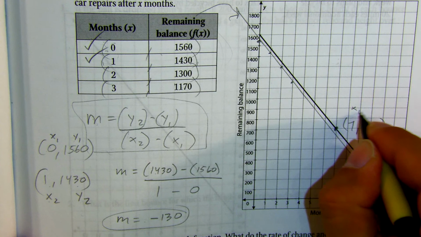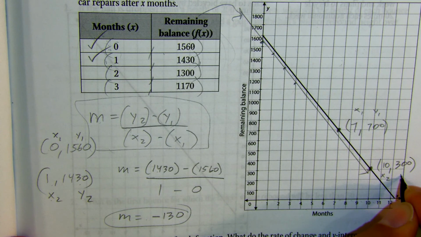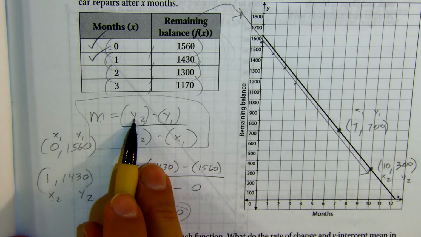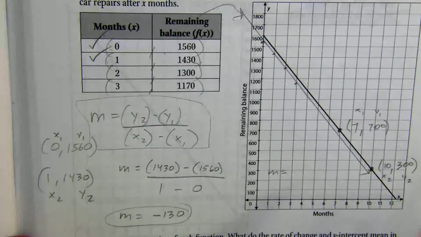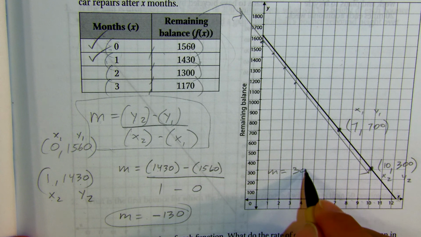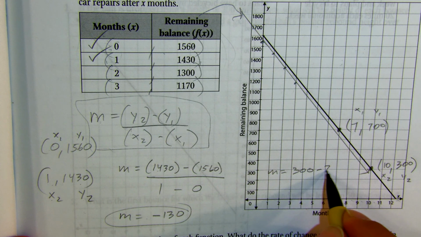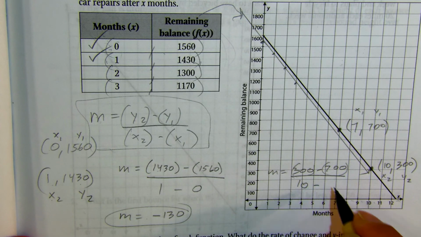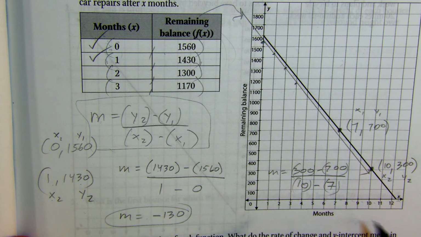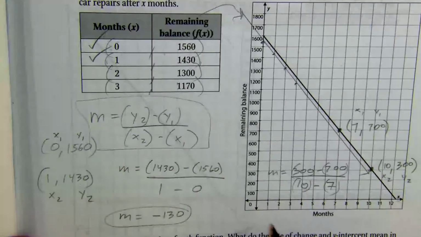Let's see, y sub 2, 300, minus y sub 1, 700, over x sub 2, 10, minus x sub 1, 7. Right. So what are we going to get? We're going to get on the top negative, so 300 minus 700 is negative 400. On the bottom, 10 minus 7 is 3.